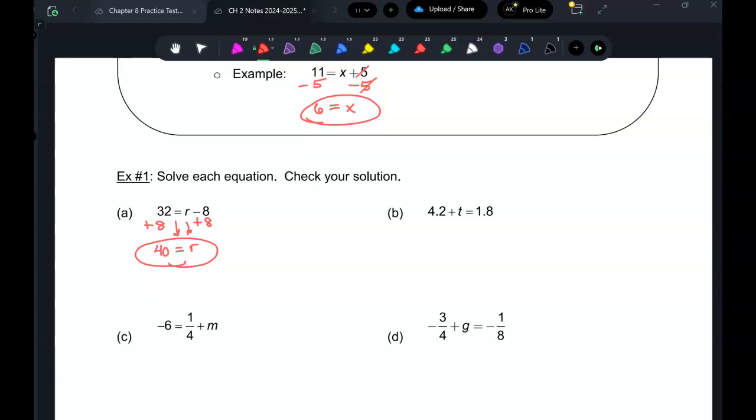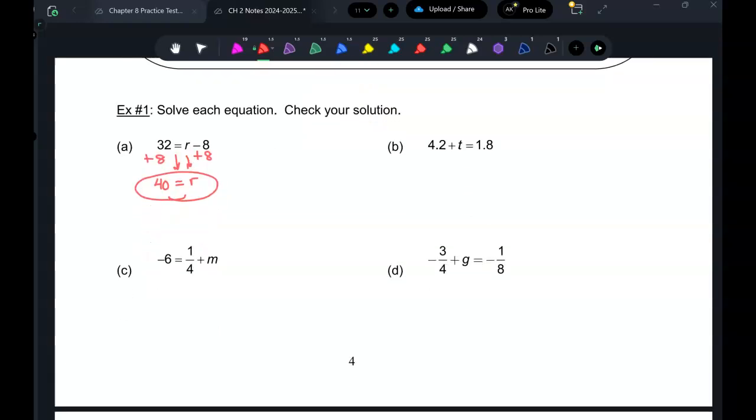Remember B? You would do minus 4.2. In front of the 4.2, there's no sign in front of it. So we assume, is that a positive or a negative?